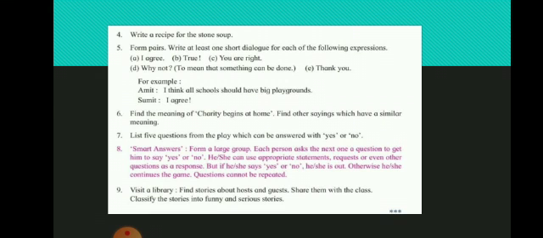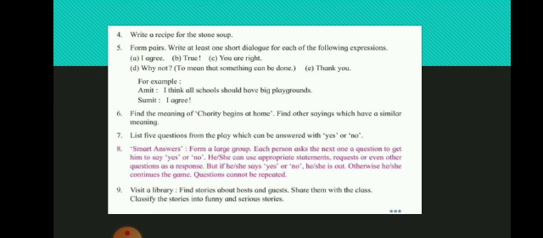You can frame your own or more than one for these expressions: I agree, true, you are right, why not, and thank you. Very interesting, frame dialogues and enjoy the English language. Okay, next one, question number 6, find the meaning of charity begins at home. Find the meaning of charity begins at home.